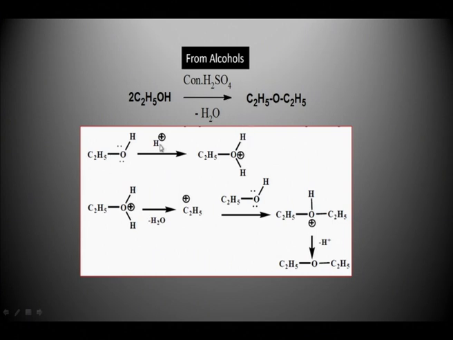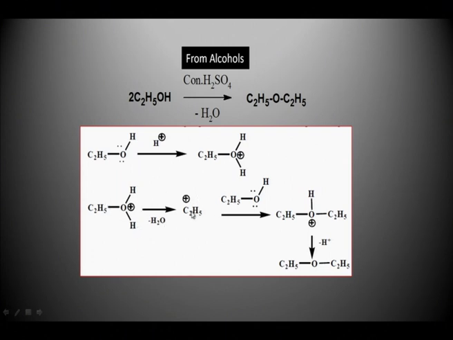And if you see the mechanism of this reaction, generally this reaction proceeds through the formation of an alkyl carbocation intermediate. In the first step, the alcohol is protonated, forming the protonated alcohol, and then the protonated alcohol, by losing a water molecule, gives the ethyl carbocation as an intermediate.